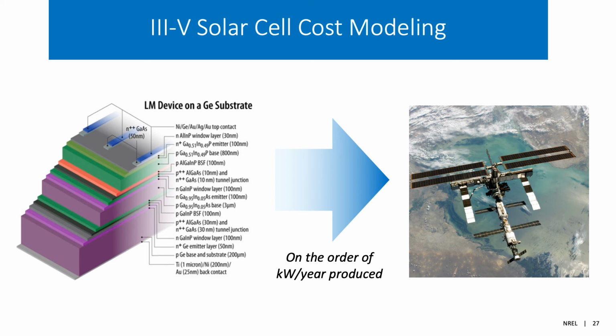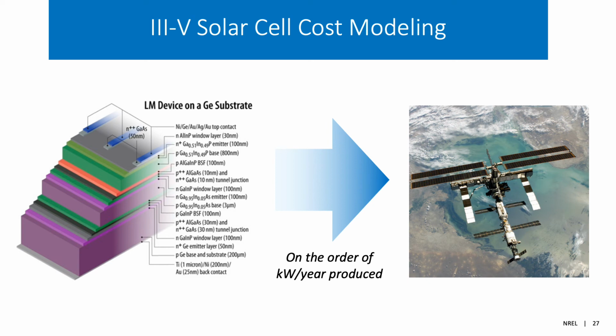We also assume low volumes consistent with where the industry is today. So currently on the order of hundreds of kilowatts of III-V solar cells are produced each year, which is many orders of magnitude less than CIGS, CdTe, and particularly silicon.